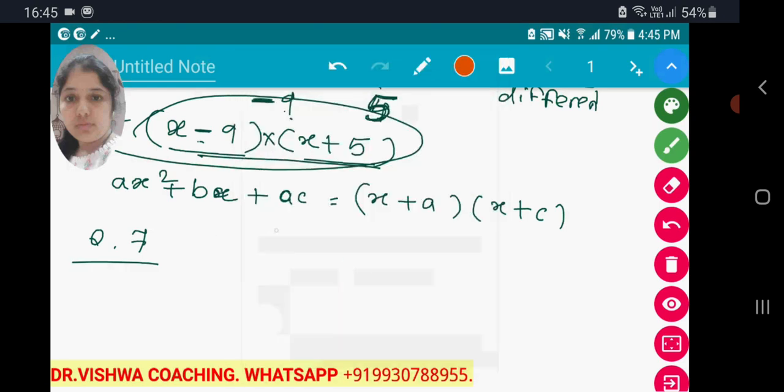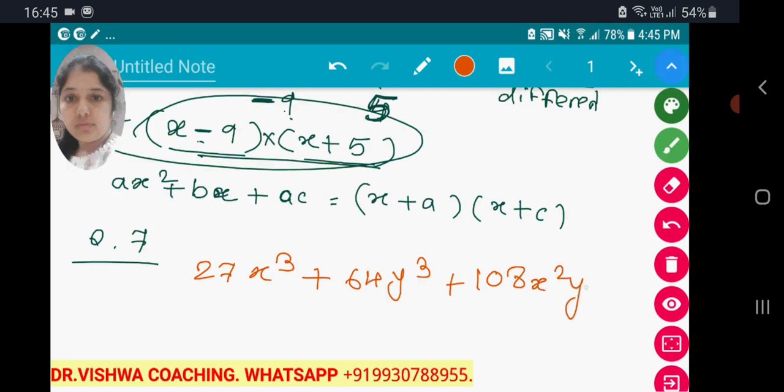One equation is given to us, which is 27x cube plus 64y cube plus 108x square y plus 144xy square. Now you have to factorize this bigger equation. Now how will we factorize it?